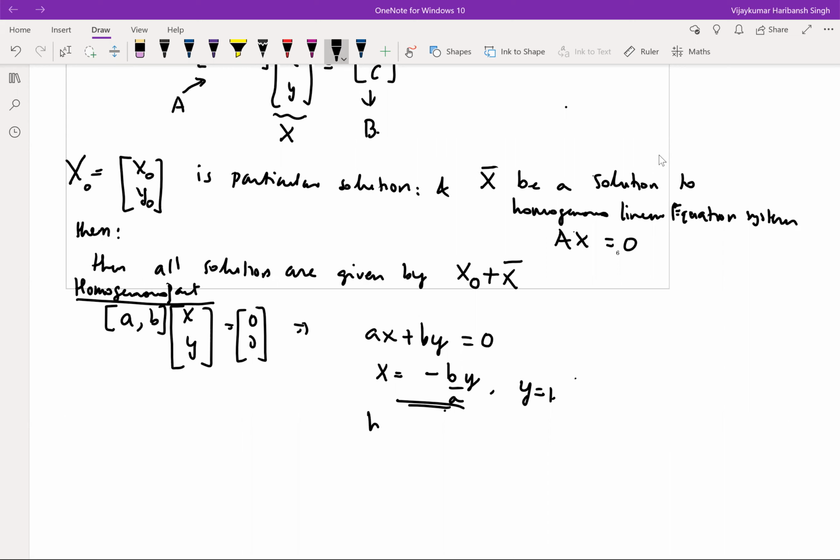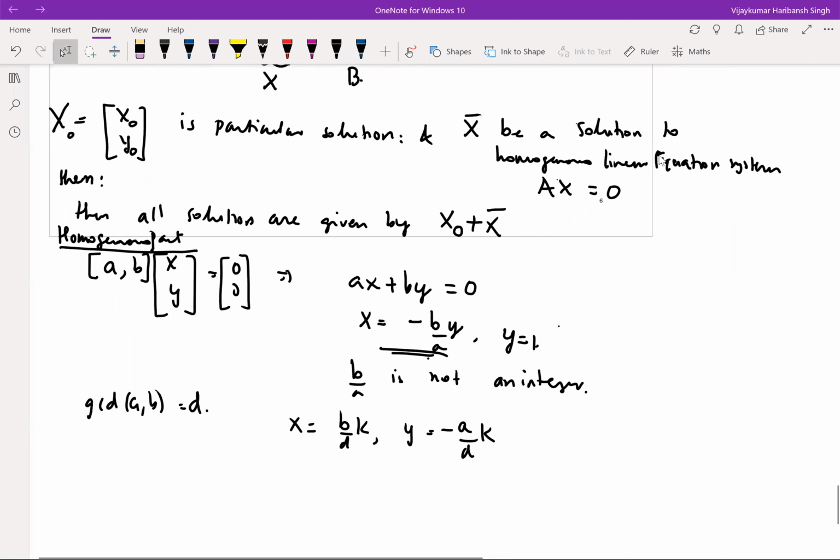Because what if b by a is not an integer? So this happens. So what you need is the GCD of a and b. If this is d, then you will see that the solutions are of the form x equals b by d times k and y equals minus a by d times k. So this is a solution.